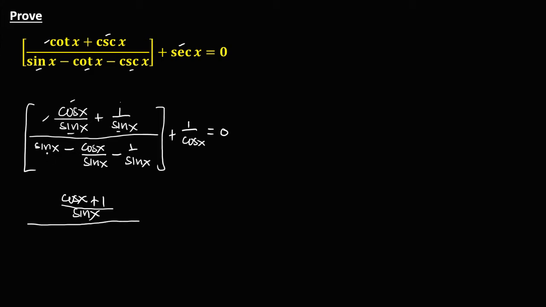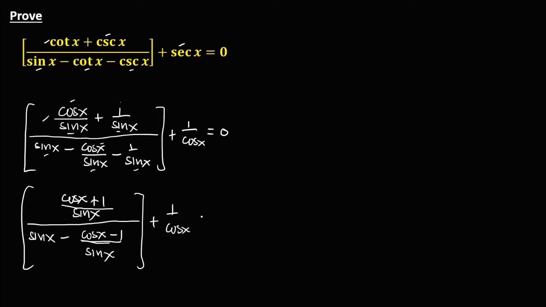Then all over, so just bring down this sine x. Then minus, since the same denominator, so just copy. That's sine x. Then add or subtract the numerator. That's cosine x minus 1. Then plus this 1 over cosine x, then equals 0.